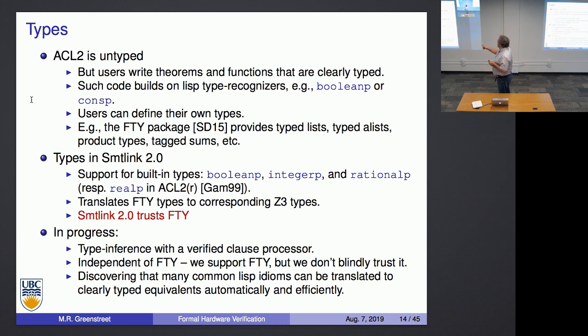OK, so what we are going to do is we're going to support FTY, and in fact, automatically put all those theorems together for you, and automatically create the specialized versions of car, cons, and cdr, automatically do the translation, so that all that happens under the hood for the user, but then we don't trust anything extra in the process, other than that we trust Z3's way of representing algebraic data types.